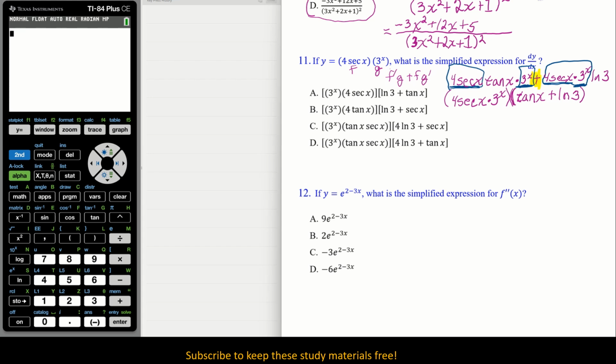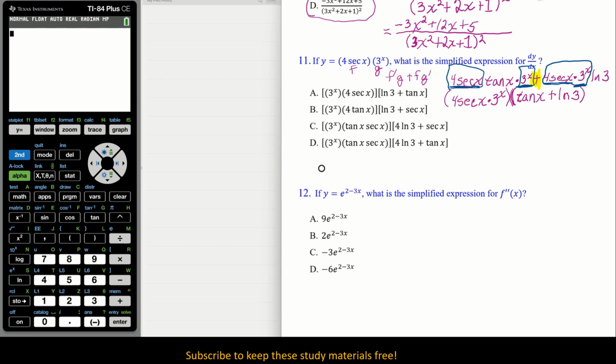Okay? So, which option do we have that even looks similar? Well, A looks great. We have that commutative property of addition.